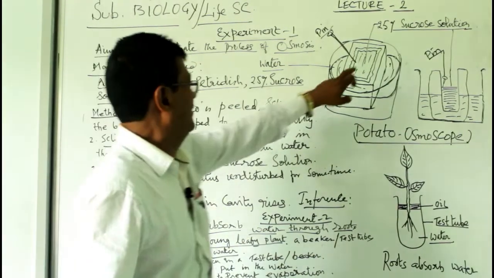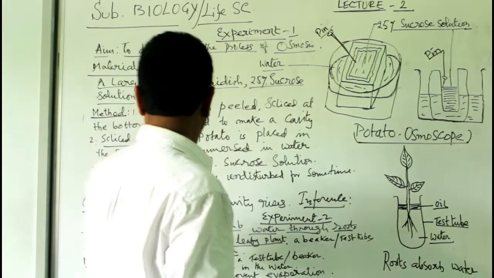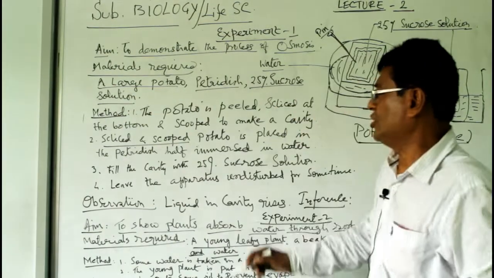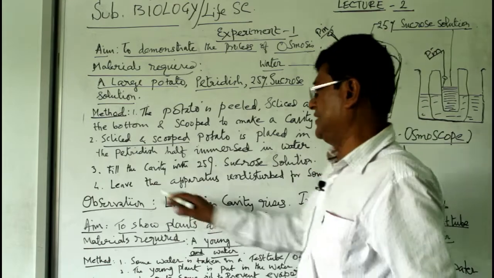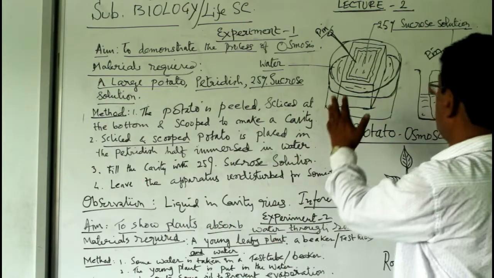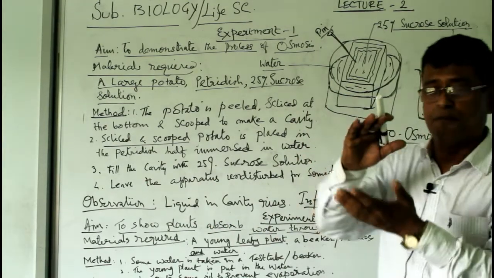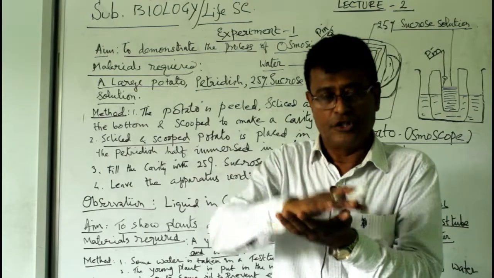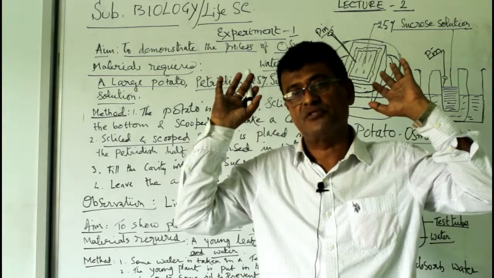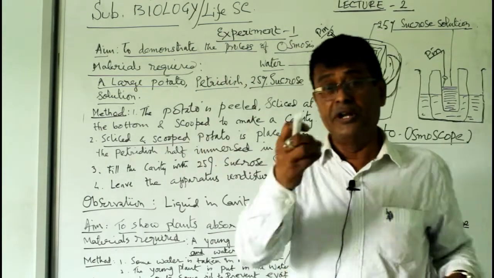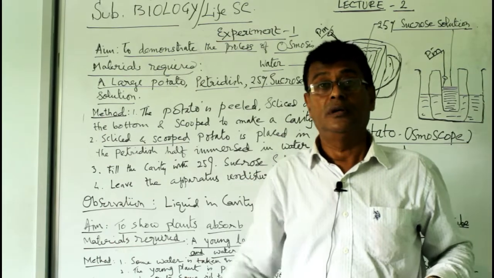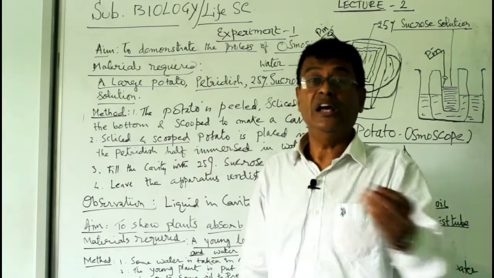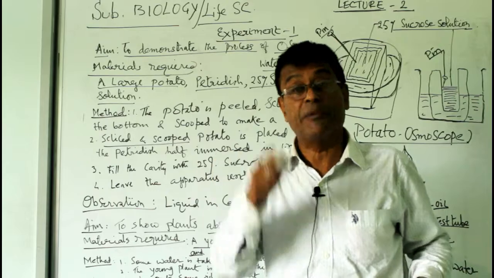Make a cavity inside it, and in the cavity you put 25% sucrose solution and then leave the apparatus. This is an apparatus, it's made, and after keeping the solution, you leave it for some time. Why? Because you give the time for the osmosis to take place.